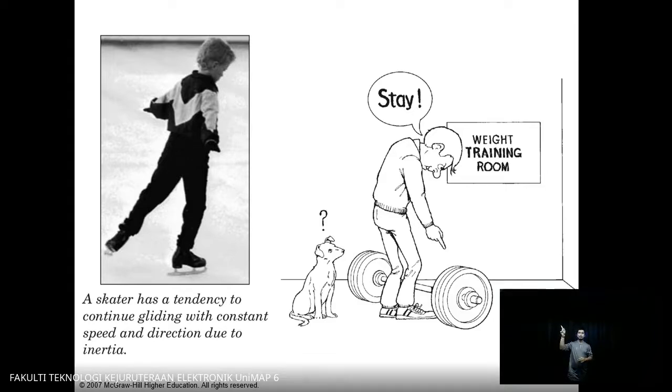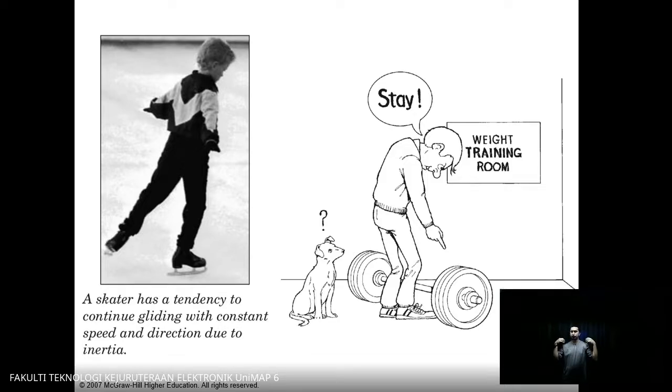If you can see on the top left of the slides, a skater has a tendency to continue gliding with constant speed and direction due to inertia. The skater doesn't have any force pushing him, but he is still gliding with constant speed. Why? Because we have inertia. That is the effect of inertia.